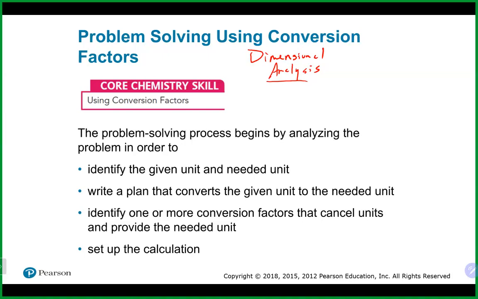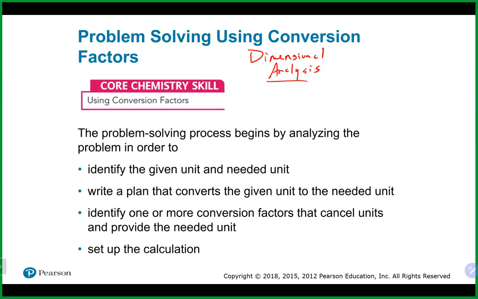A lot of times if you can identify what's given to you in the problem, and you know what you want to find, that's also a good thing to identify. You want to think about a logical pathway that's going to get you from the unit you're starting with to the unit you want to end up with. So there is a pathway. And with conversions, there could be multiple pathways depending on what conversion factors you choose.